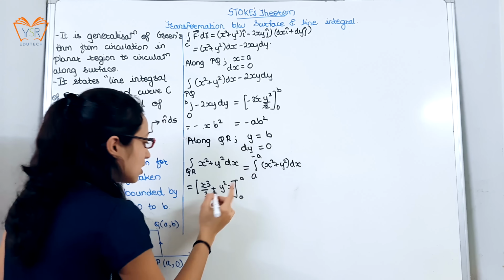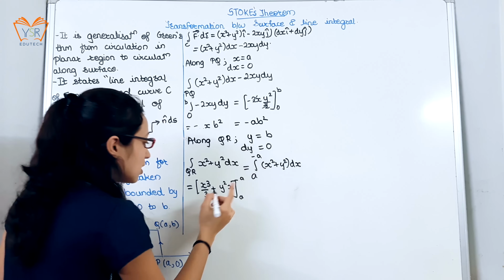Substitute the upper limit, we get minus a cube divided by 3 minus a y square, minus, substitute the lower limit now, a cube by 3 plus a y square.